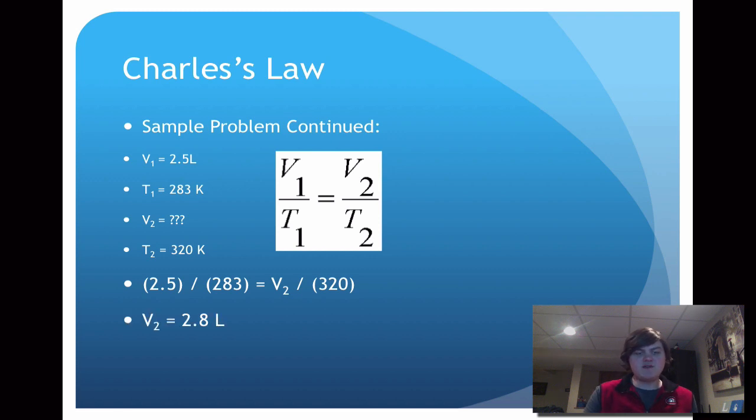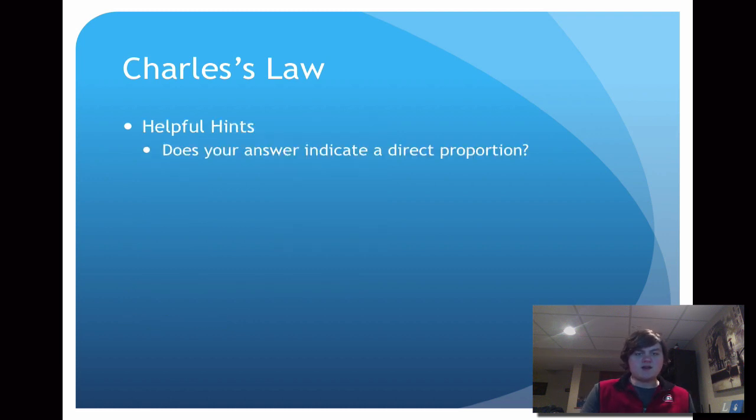If you solve for the second volume, it is 2.8 liters. The question that we want to ask ourselves now is, does our answer indicate a direct proportion? Well, the temperature increased and we went from 2.5 liters to 2.8 liters. That is appropriate for a direct proportion.